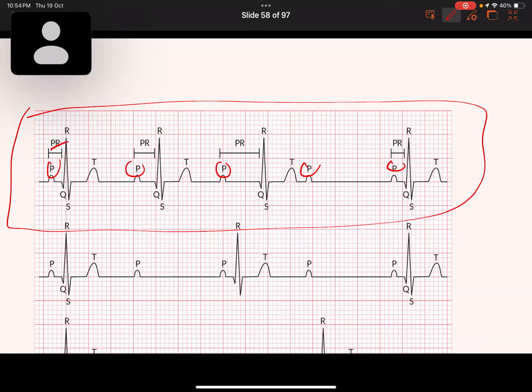You check this one, you check the second one. Yes, and it's progressively prolonging. And when we say that it's progressively prolonging to a point that you see a P wave with no QRS complex, what degree and what type of AV block do you think this is?